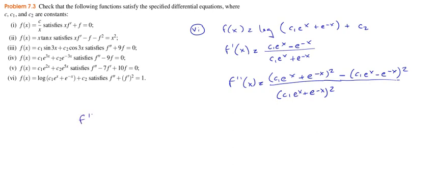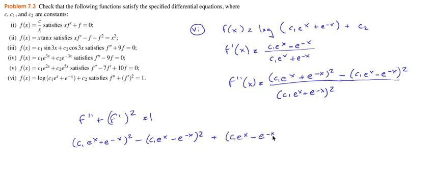So we have f second plus f prime squared equals 1. f second is c1 e to the x plus e to the minus x squared minus c1 e to the x minus e to the minus x squared, and then plus, and you will see that the denominator is the same in these two terms, plus c1 e to the x minus e to the minus x squared, all of this divided by c1 e to the x plus e to the minus x squared, right?